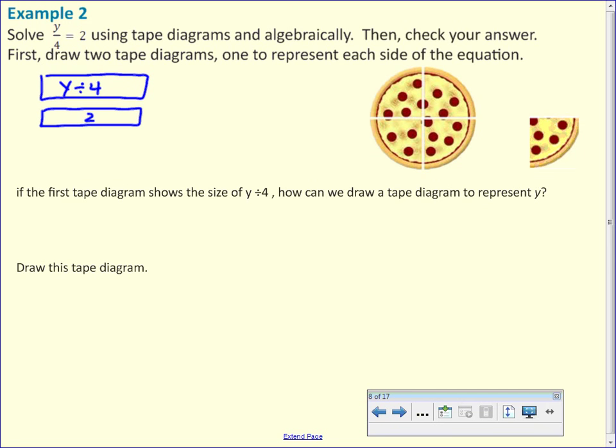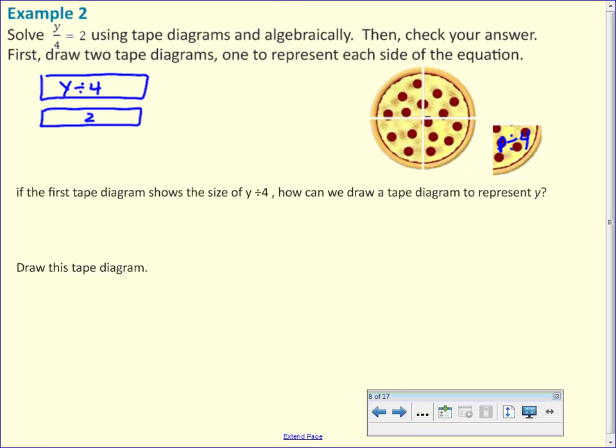If I wanted to show the whole pizza, what would I have to do? This is pizza divided by 4. So what would I have to do to show the whole pizza? How many pieces of this would I need?